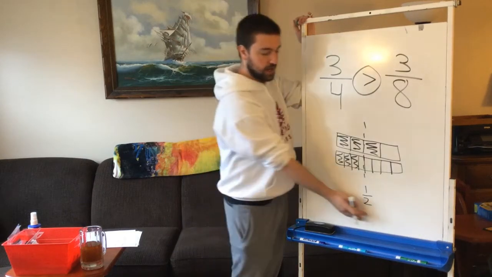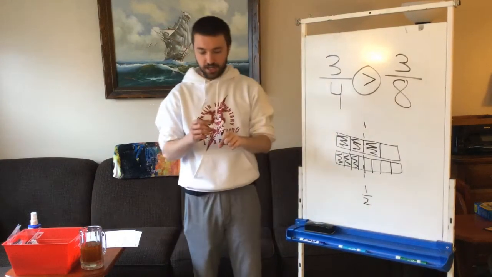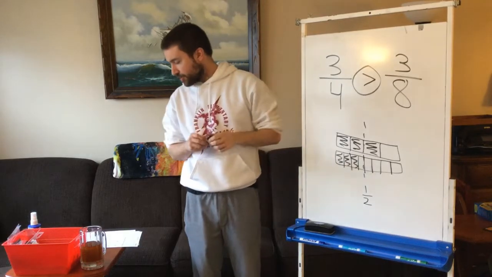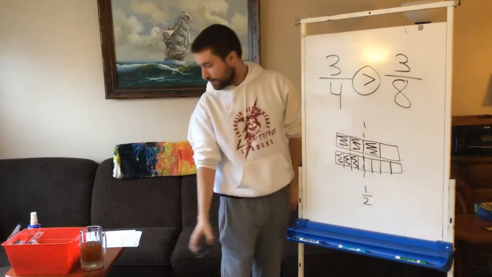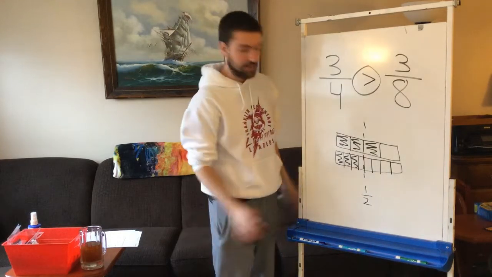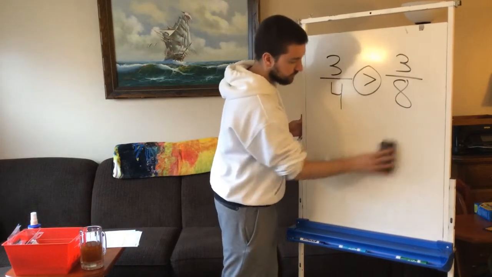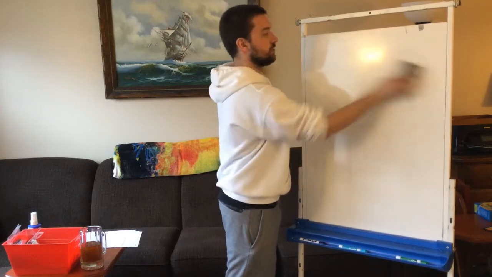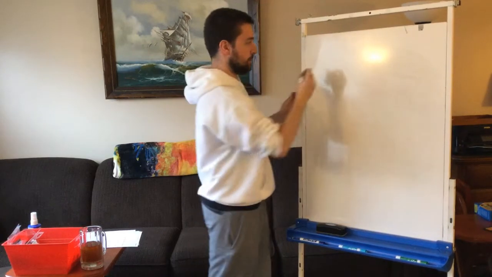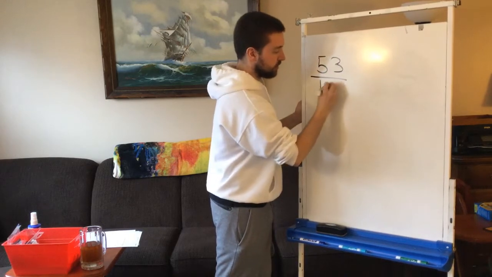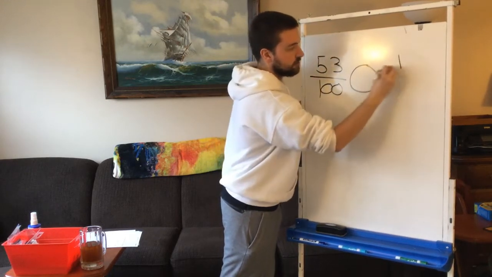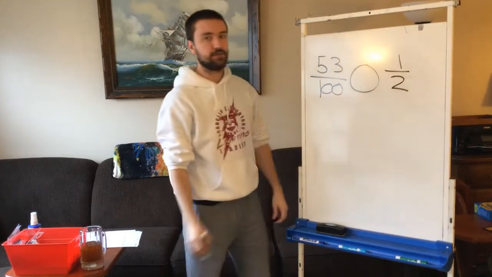Now we're going to take this 1/2 strategy and we're going to use it on a different question that may look scary at first, but it's really not as scary as you think. I'm jumping down to question 8 on the page. And question 8 looks a little something like this. 53 over 100 compared to 1/2.